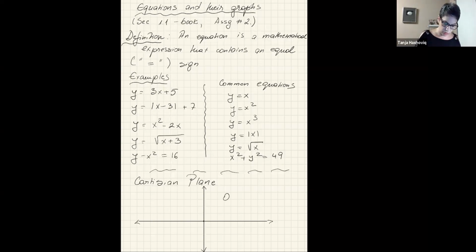This is quadrant 1, this is quadrant 2, quadrant 3, and quadrant 4. The horizontal real line is the so-called x-axis, and the vertical real line is the so-called y-axis.